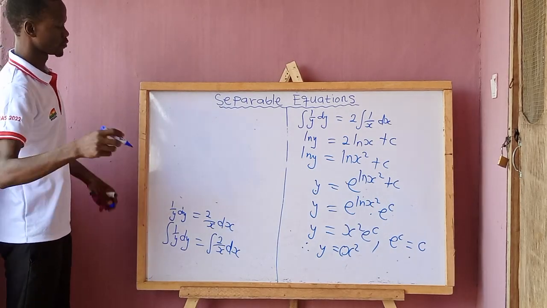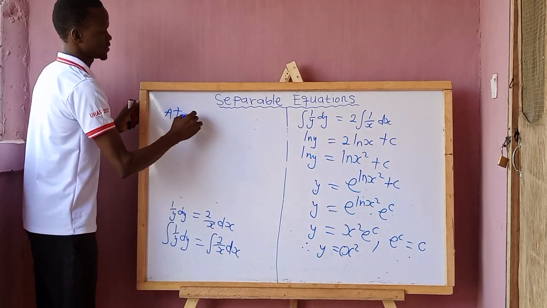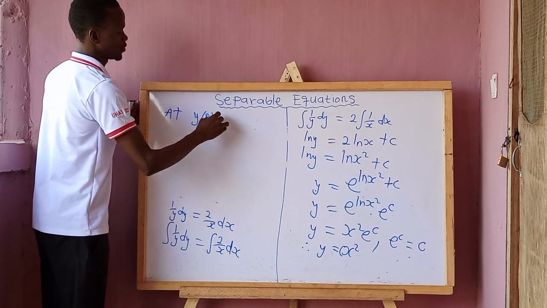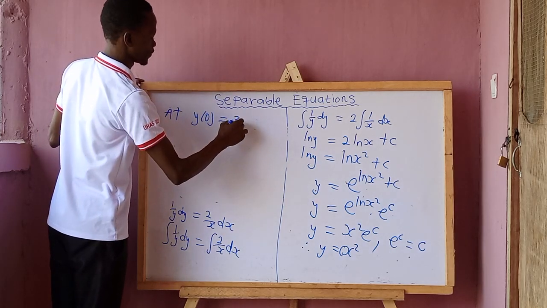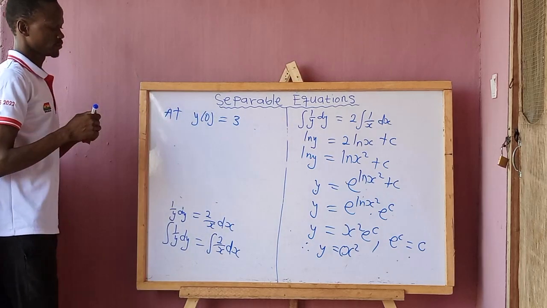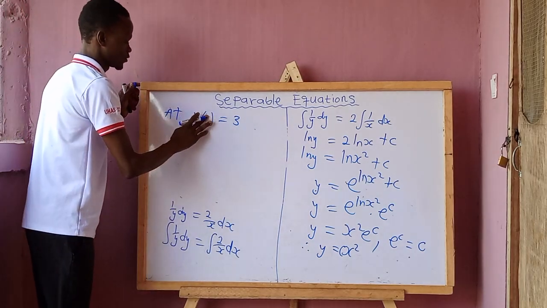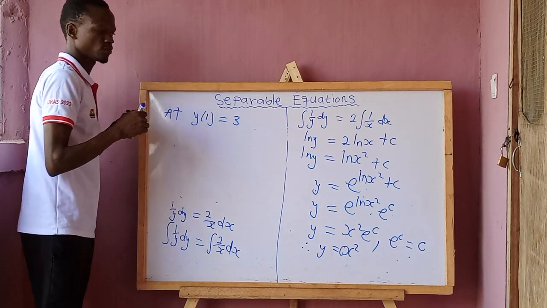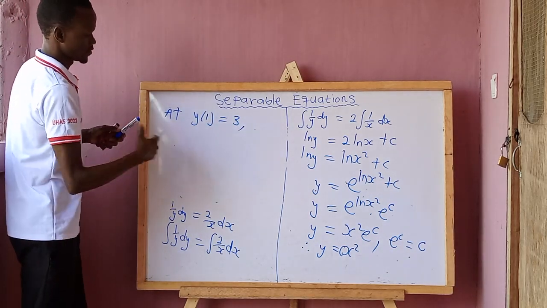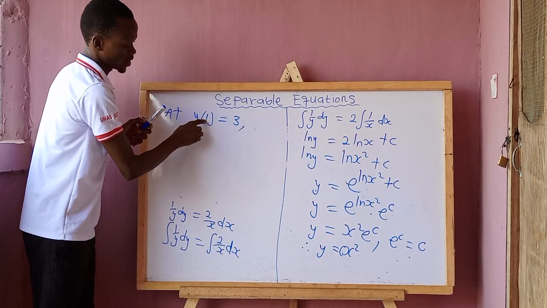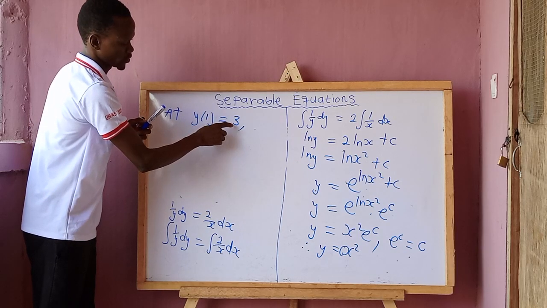So we say that y of 1 is equal to 3. At y of 1 equal to 3, we have x equal to 1 and y equal to 3.